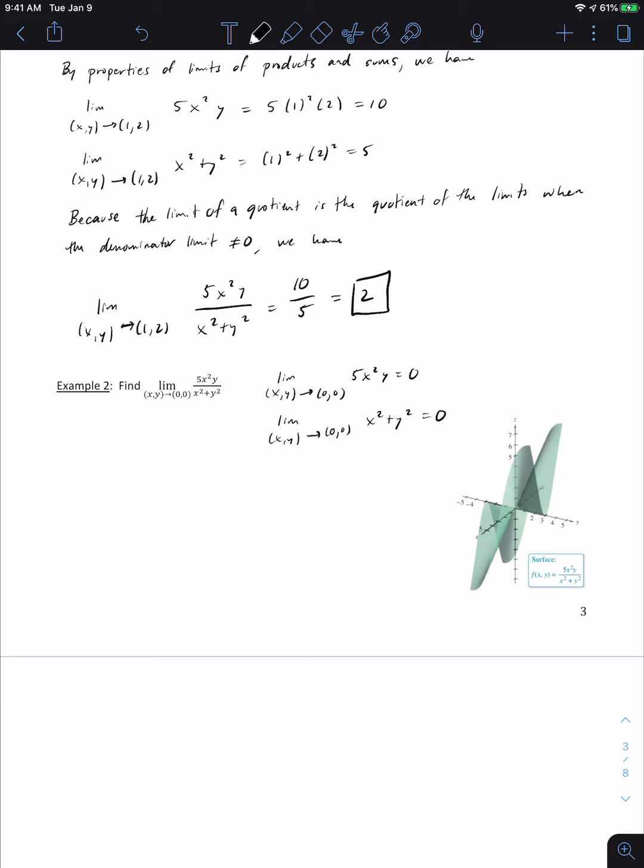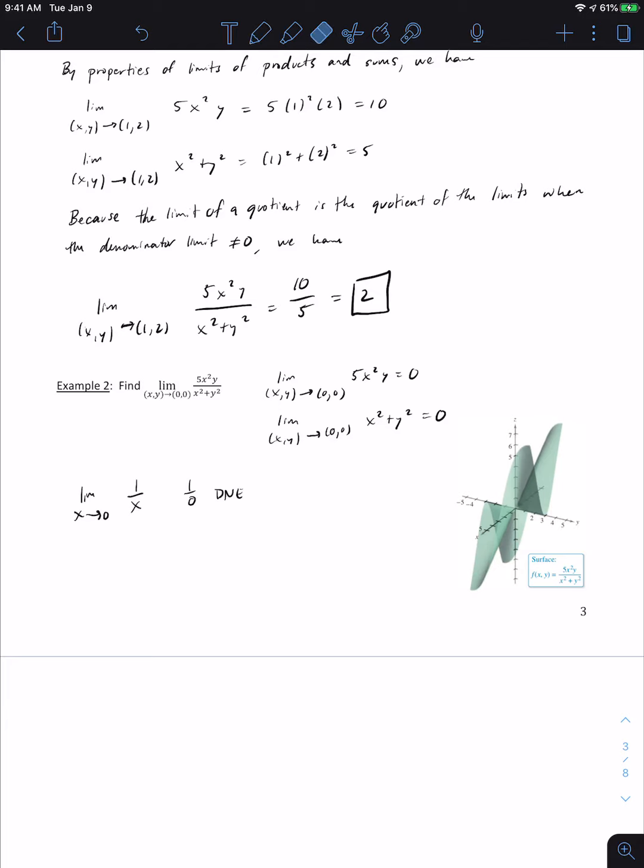So in this case, we can't just say, hey, it's 0 over 0 and does not exist, right? We can't make that jump the same way as when I looked at, say, a rational function. If I looked at the limit as x approaches 0, we didn't just say, oh, it's 1 over 0, does not exist.